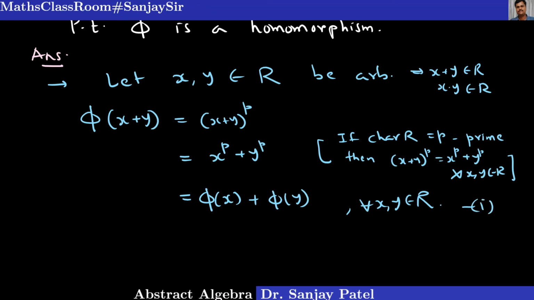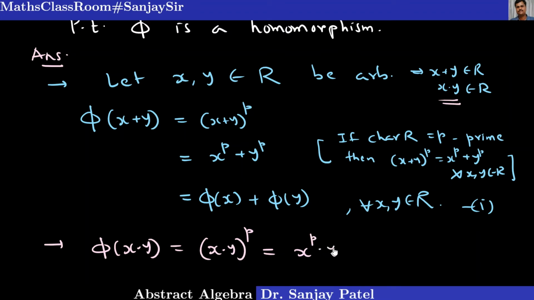Let me prove condition number 2 for multiplication. Say phi of x into y is equal to, again x into y is an element of R, so I can write this as (xy) raised to p, which you can write, because the ring is commutative, as xy into xy into xy, p times, and then it can be written by taking groups of terms containing x and y together.